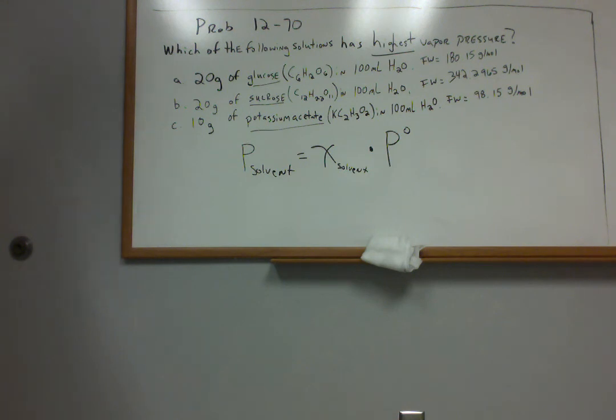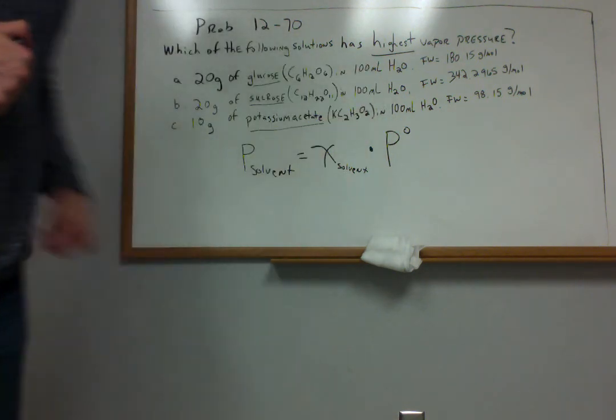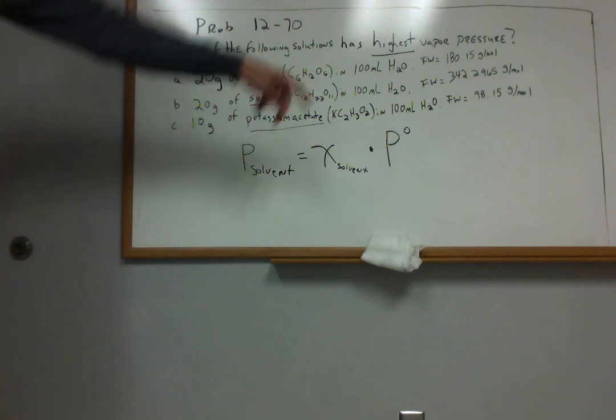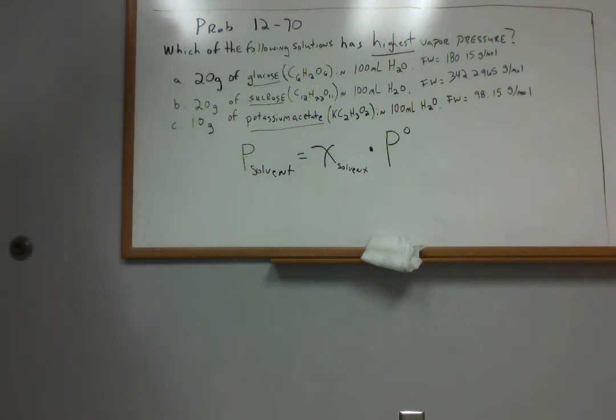So they're not going to play a huge role in establishing a vapor pressure over the mixture. These guys aren't going to be important in increasing the vapor pressure, only decreasing the vapor pressure of the water solvent. So what this question is really asking us is in which of these three solutions will the water have the lowest vapor pressure?